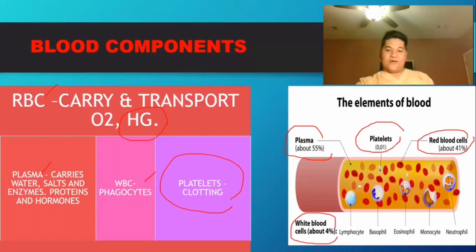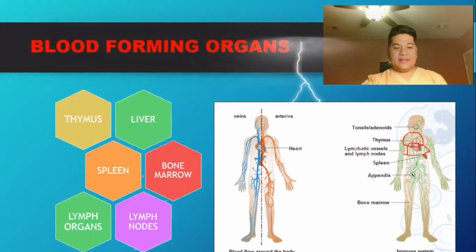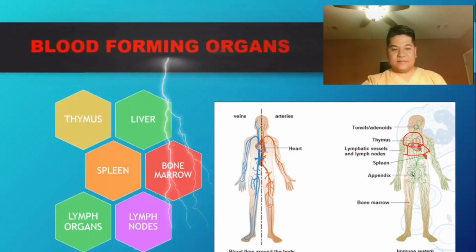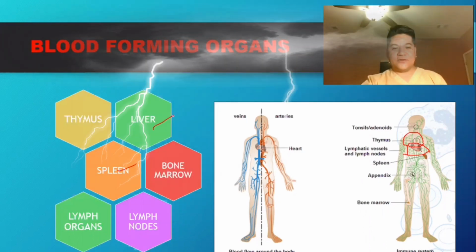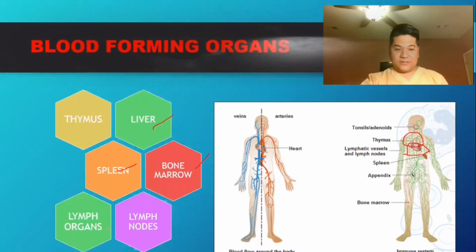Okay, so let's talk first about the blood forming organs of our body, which include the following. We have the thymus gland, which is located here, the liver itself, and then the spleen, also bone marrow, lymph organs, and lymph nodes.